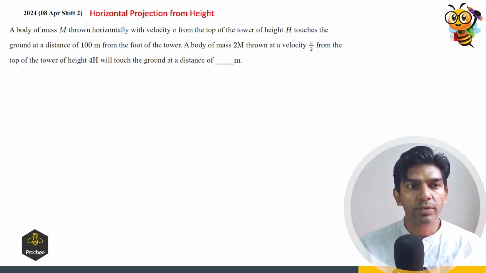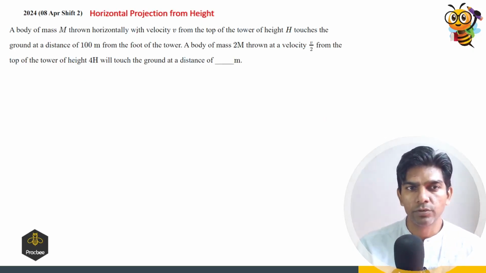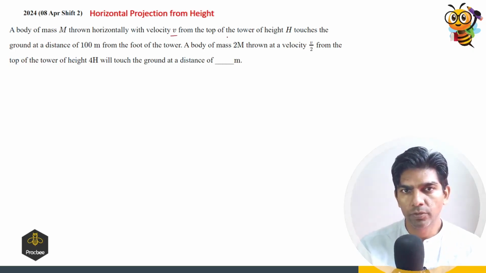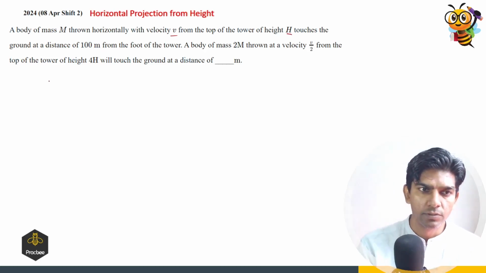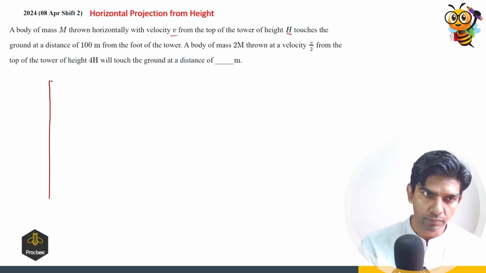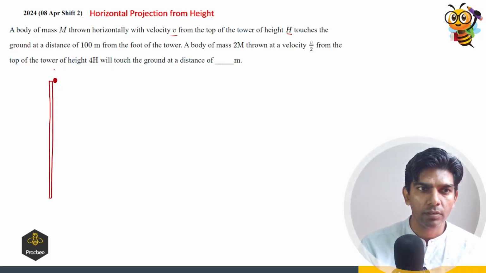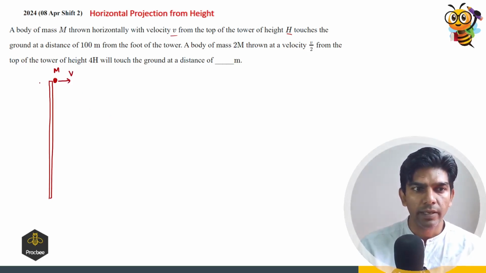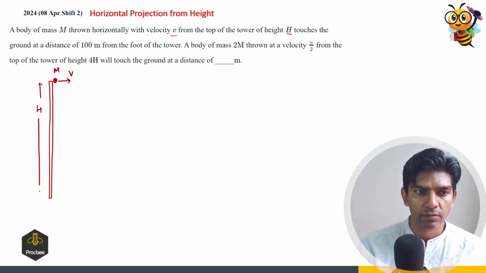Based on the same problem type, a body of mass capital M thrown horizontally with a velocity u from the top of a tower of height h touches the ground at a distance of 100 meters from the foot of the tower. So we have a tower and we are throwing a ball of mass m horizontally with a velocity v, and the height of the tower is given as h.